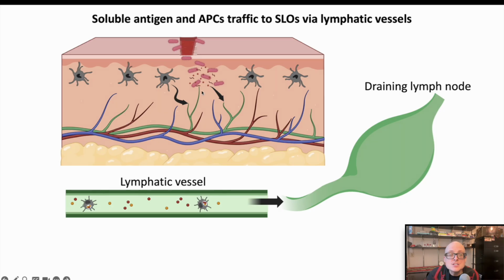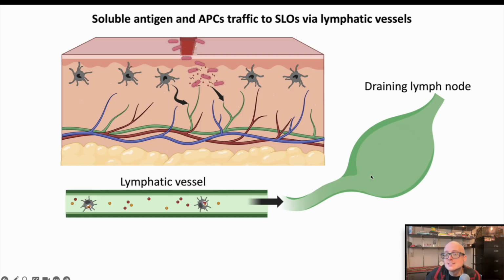And they will actually enter the lymphatic vessel that you can see here in green and move with the flow of interstitial fluid downstream until eventually the dendritic cells, along with other things that are draining out of the tissue, again, like some of these soluble antigens, soluble components of the bacteria that are just loose and floating around in the interstitial fluid, all of that is going to move to the nearest lymph node, and we would refer to that as the draining lymph node, the nearest lymph node in the network of the lymphatic system.